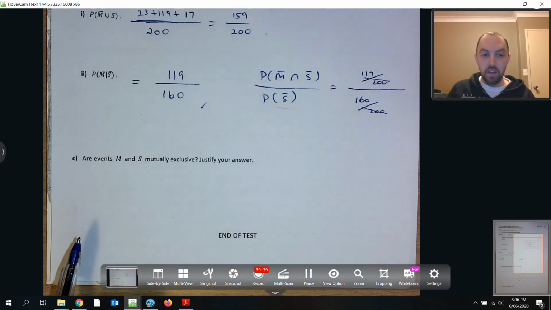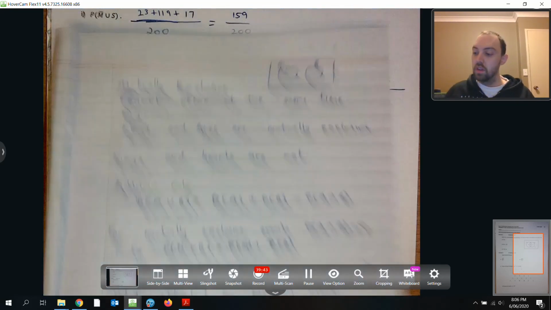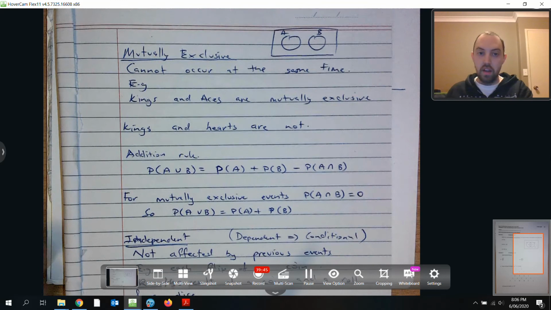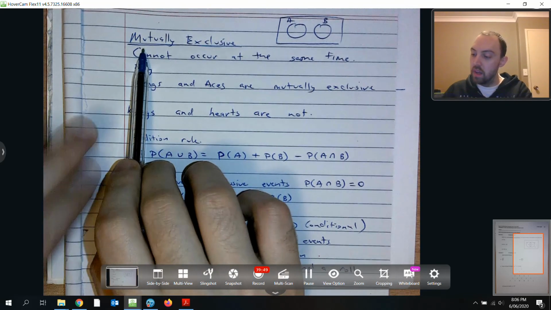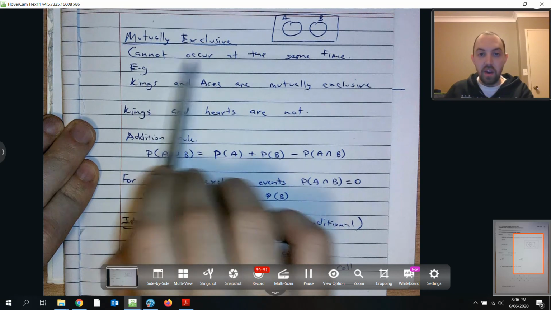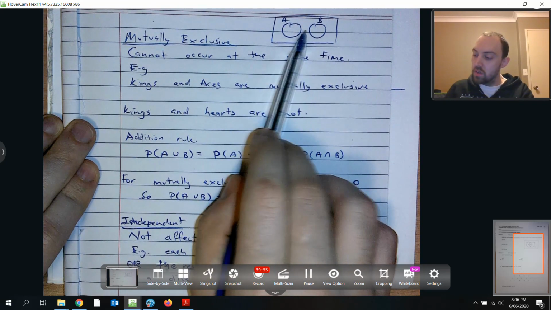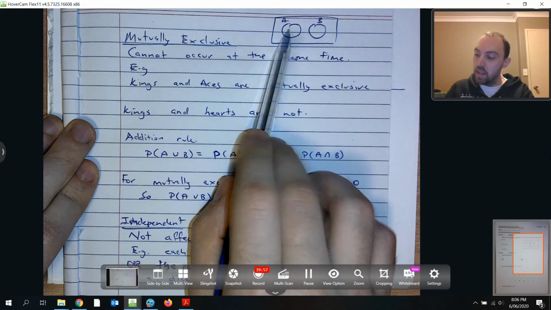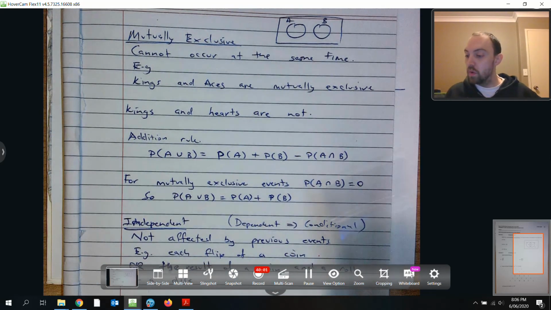Anyways, are the events M and S mutually exclusive? So this goes to the notes that I have written earlier. Mutually exclusive, what does that mean? It means that they cannot occur at the same time. Here would be a diagram of mutual exclusivity. A and B cannot happen, there's no crossover between them.